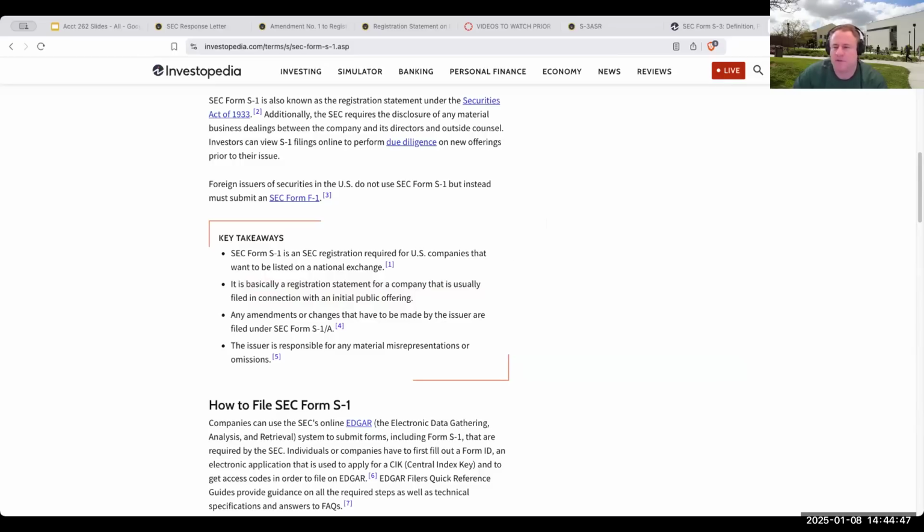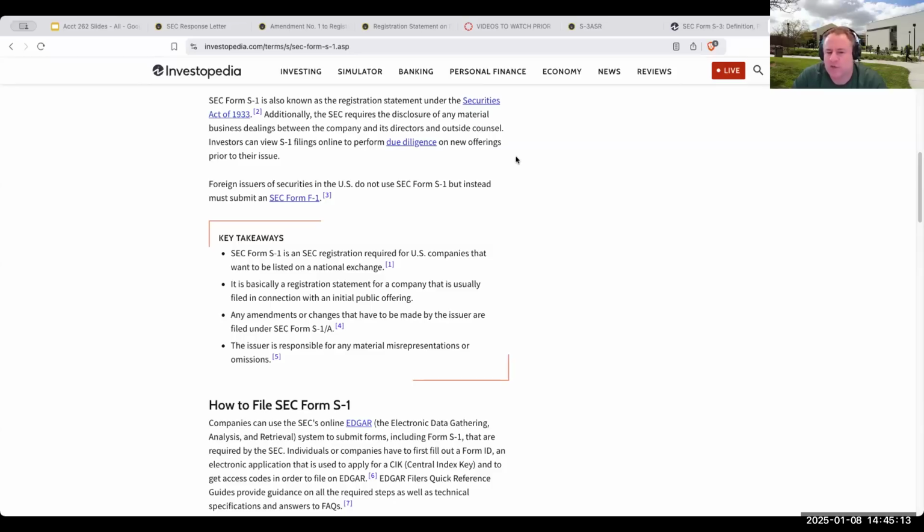But if you are going to be going public, this is how you're taking those shares and registering them for sale, which is a little bit more of a complicated process than that. But the registration statement is a very important part because it has to be reviewed by the Securities and Exchange Commission.